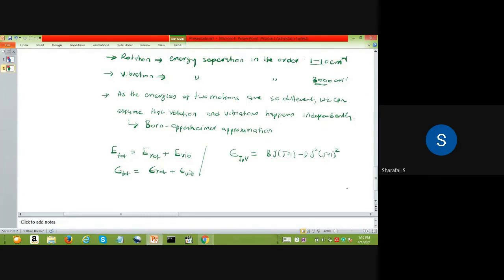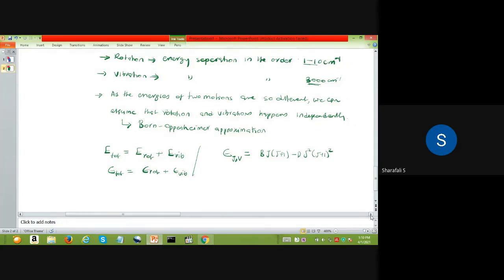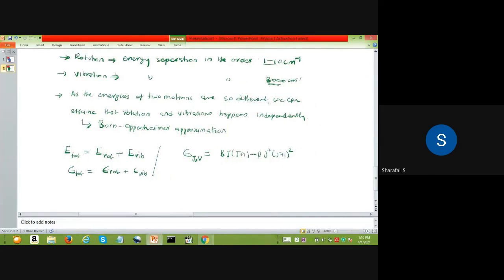This is from the higher order terms, and we are considering only that much.